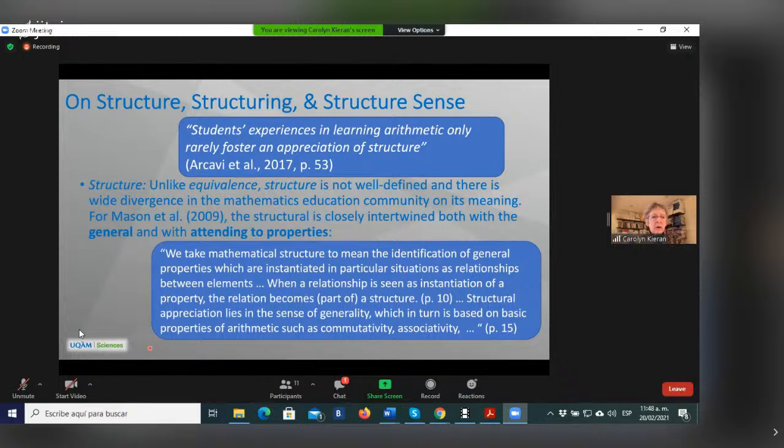As he and his co-authors have written, we take mathematical structure to mean the identification of general properties which are instantiated in particular situations as relationships between elements. When a relationship is seen as instantiation of a property, the relation becomes part of a structure. Structural appreciation lies in the sense of generality, which in turn is based on basic properties of arithmetic, such as commutativity, associativity, and so on.